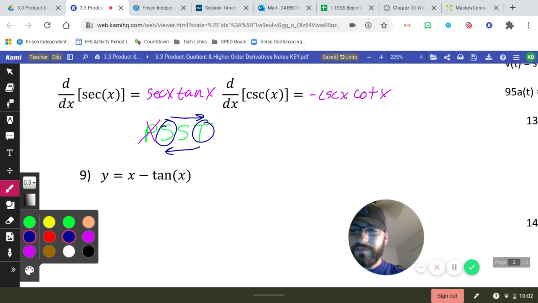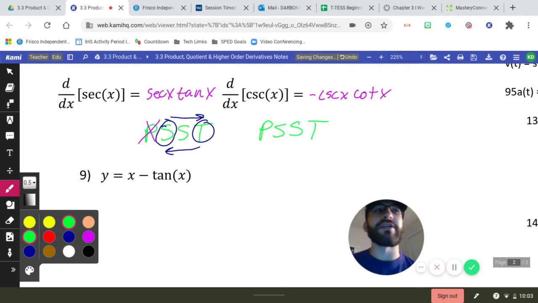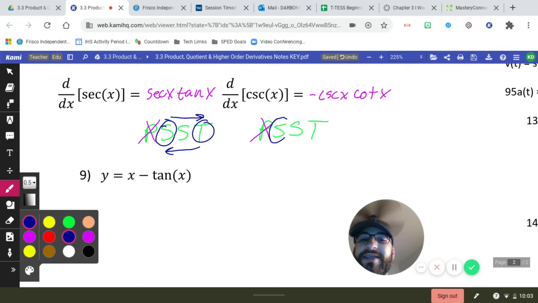Now if you need to hear that again, it is psst, like you're cheating on a test. Well, you're kind of cheating because you know your derivatives, but also not cheating because you should know your derivatives. P silent. Derivative of secant is secant times tangent. Derivative of tangent is secant times secant, or secant squared.